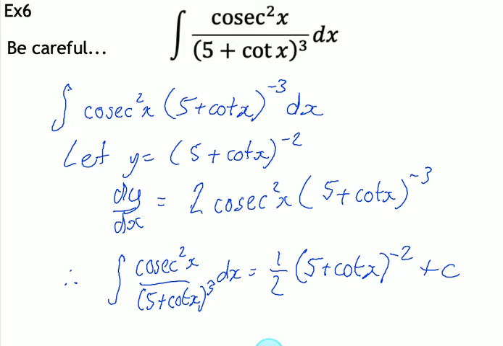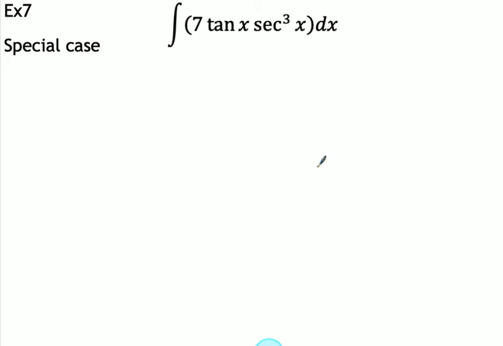Okay, so just one final example you'll be pleased to know, and it's a special case. As calculus becomes more complex, there are often examples that require even further thought. So whenever there is sec or cosec involved, we need to think very, very carefully what happens when we differentiate those terms.